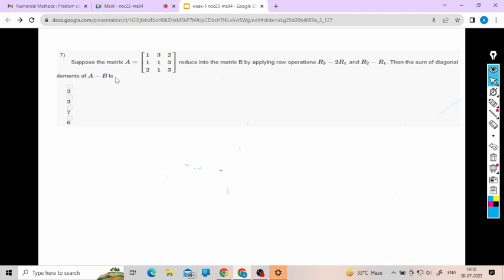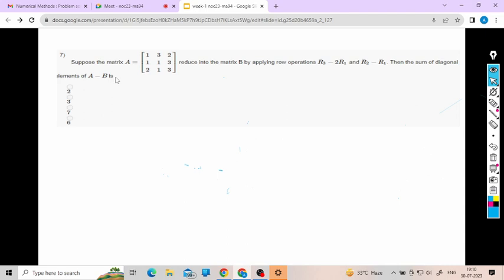Here we have the matrix A. After applying the first row operation, that is R3 minus 2R1, you will get this matrix A1. For getting it, you have to simply do what?